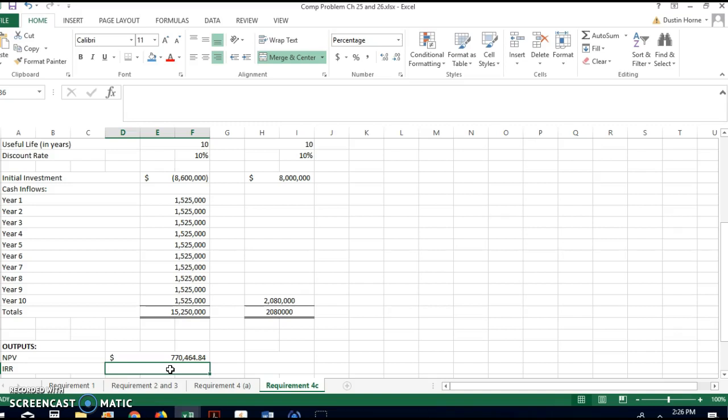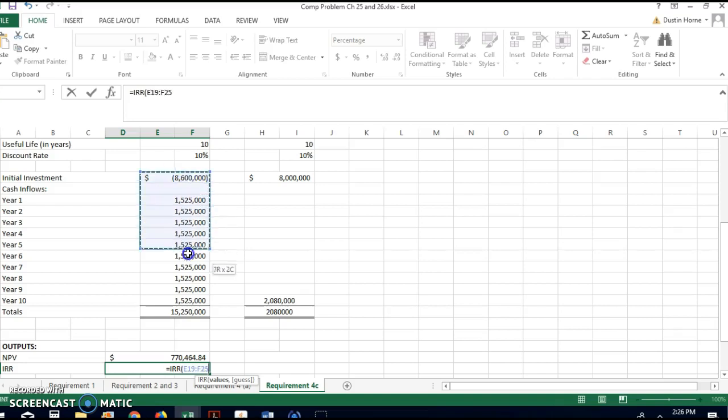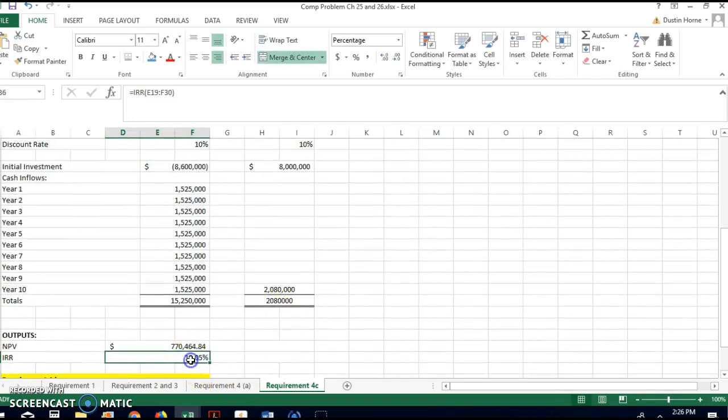Now, for the IRR, you can find this on page 1488. You want the internal rate of return, so you do equals IRR, and then we want the internal rate of return on all of our inflows and outflows. You can see that our IRR is 12.05%. If you end up with a long decimal, you increase or decrease the decimal until it's 2 decimal places.